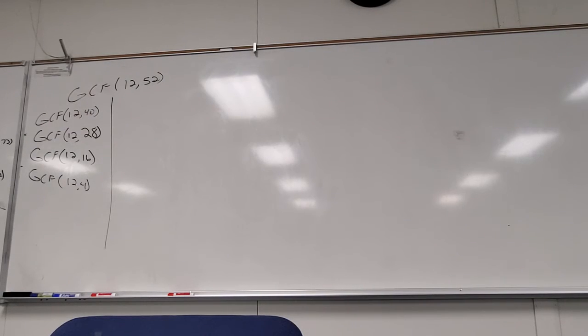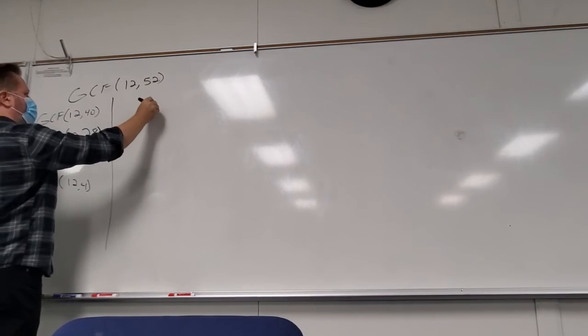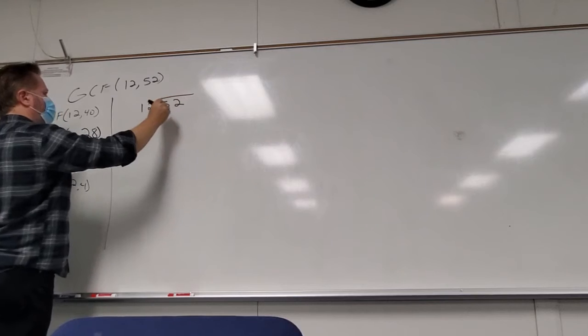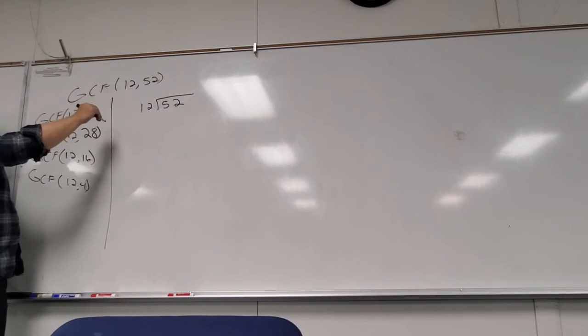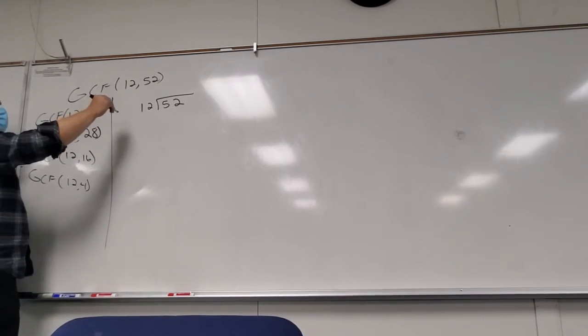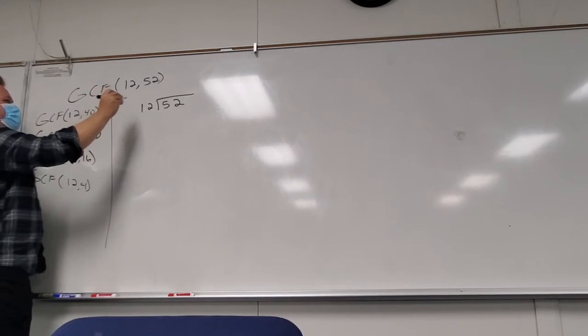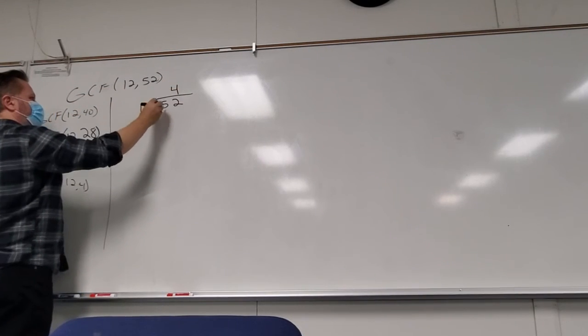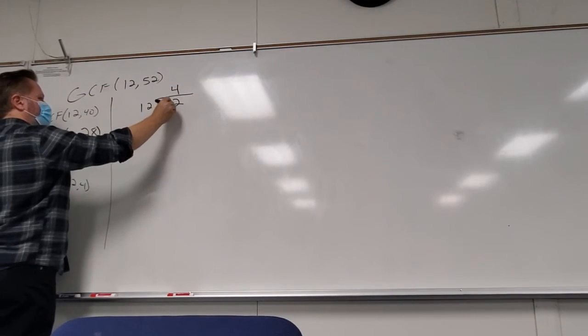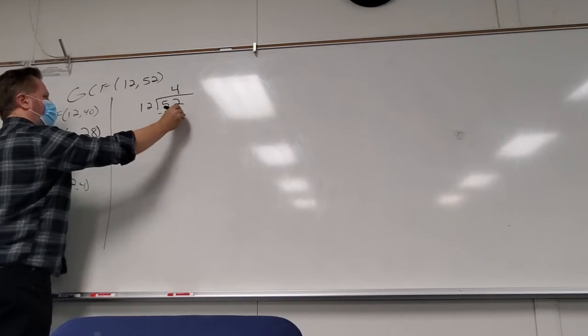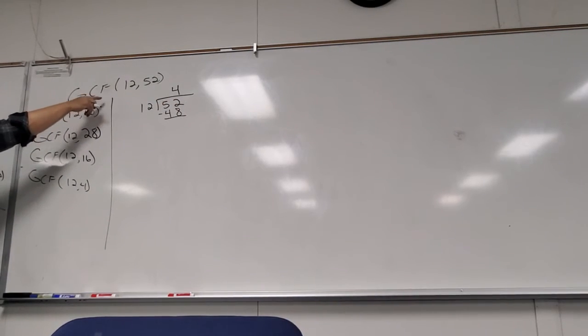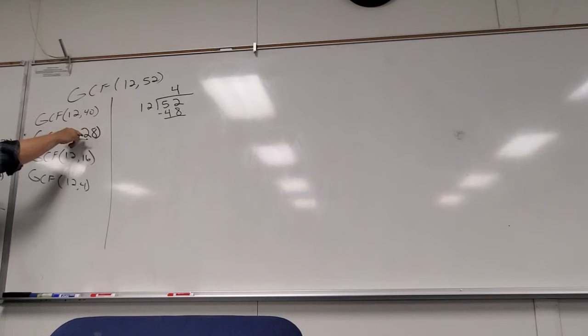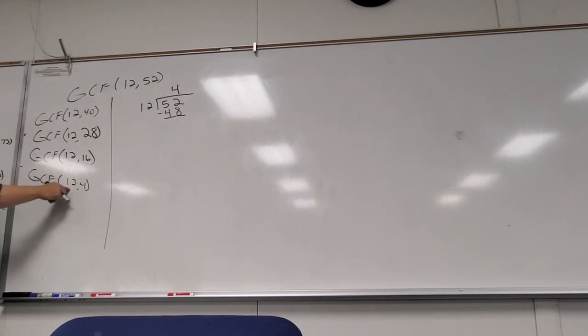Now, what if we do the division way? 12 goes into 52 how many times? 4. 4 times 12 is 48. So look here, how many times did we subtract 12? 1, 2, 3, 4.